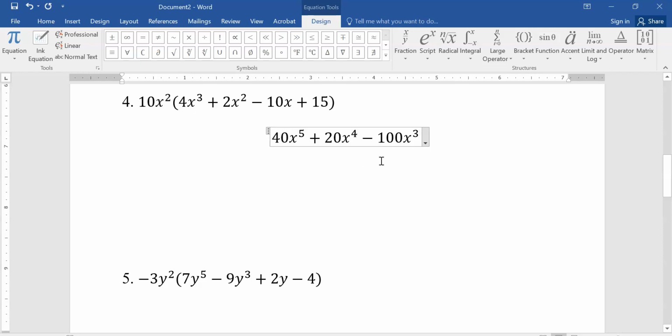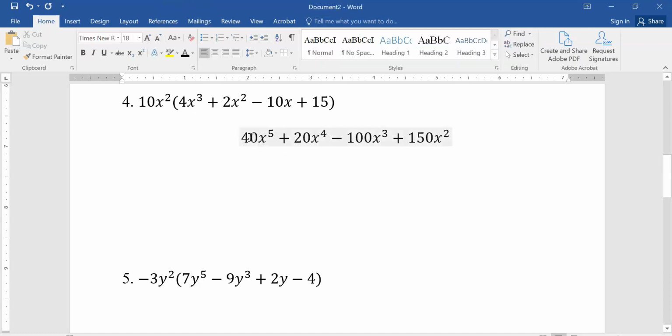So our third term is minus 100x to the third power. And then lastly, 10x squared gets multiplied by the positive 15. We're going to end up with plus 150x squared. So 15 times 10 is 150. X squared times no variables is just x squared.